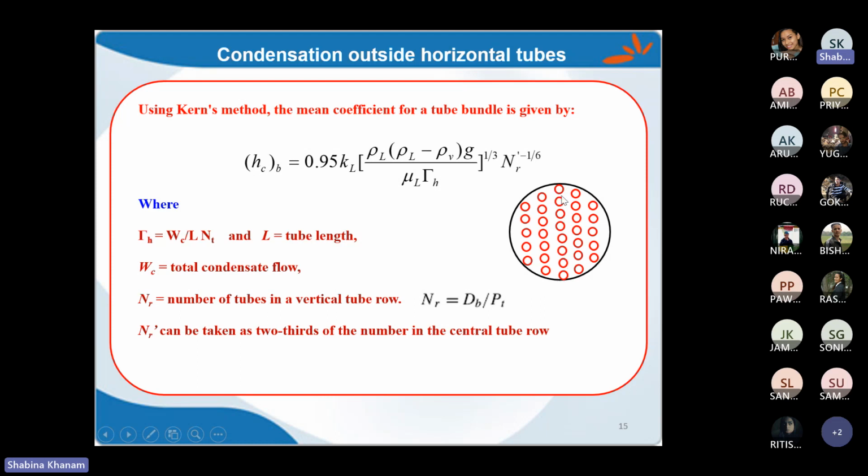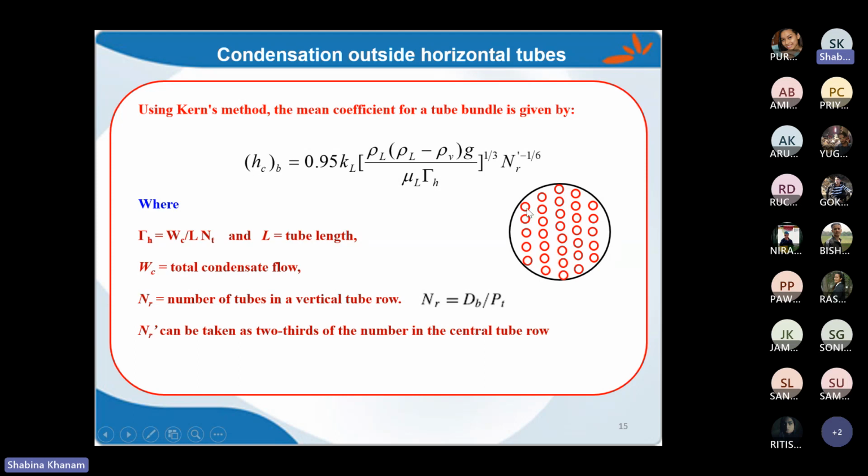Because of the lesser value of NR on this side, the expected thickness of the film would be less in comparison to the center.